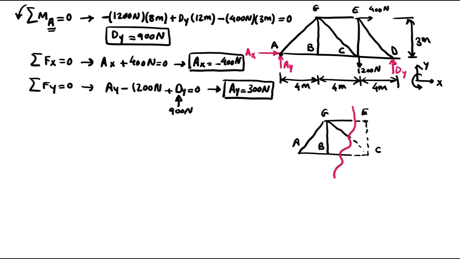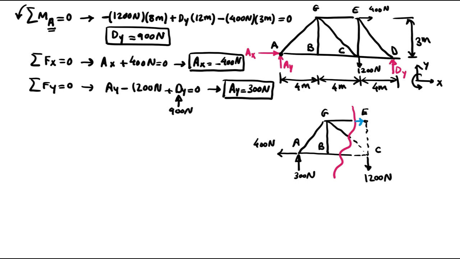I have to draw all the external forces. I already know that AX is equal to negative 400 Newton, so it has to be to the left-hand side. 400 Newton, this is AX. AY was positive 300 Newton. I have this 1200 Newton external force.